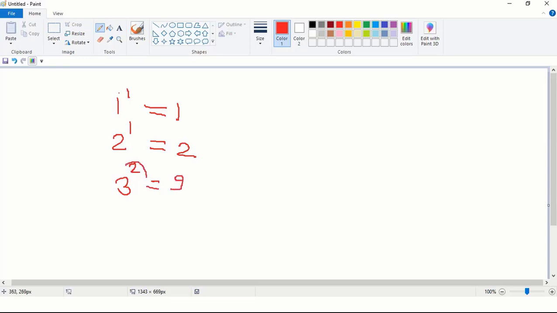But our expression is about a base having last digit 0, 1, 5 and 6. So what we will do, instead of 3 if we take 5, then the answer will become 25. So the last digit is matching with this base's last digit.